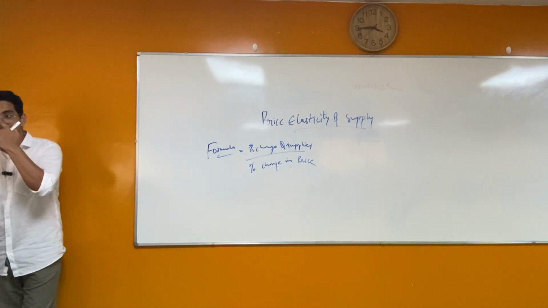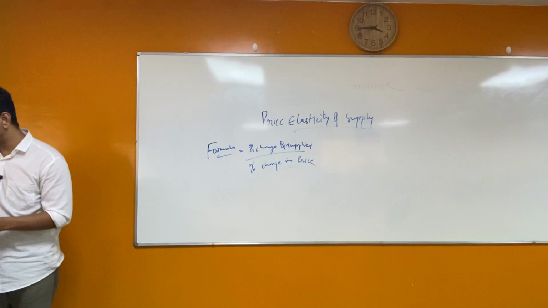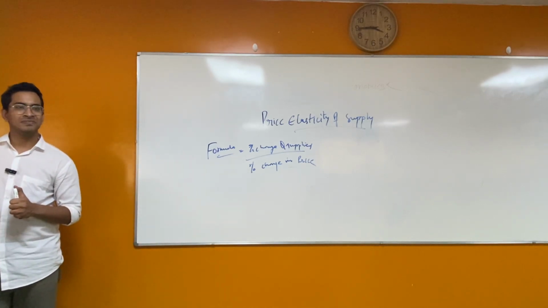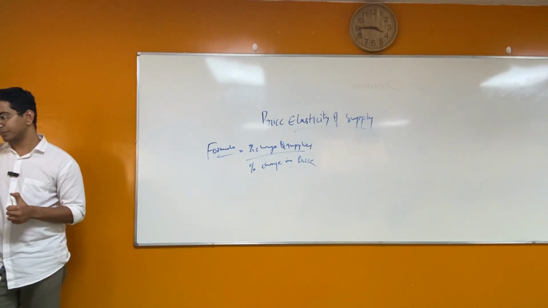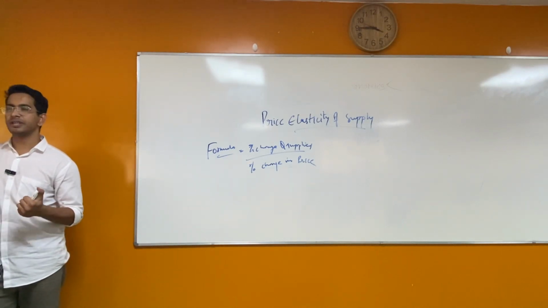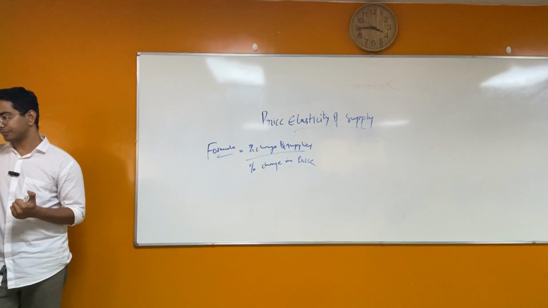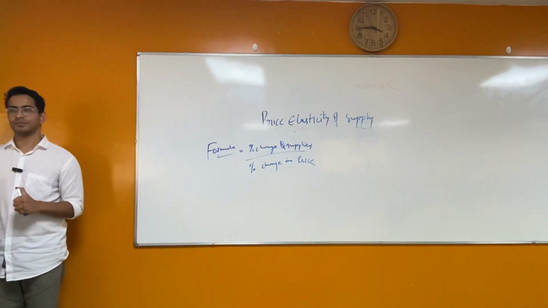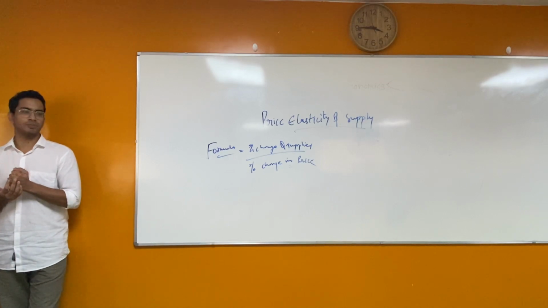Next is unitary elastic supply. Change in price is proportional to the change in supply. Examples are consumer durables. Next, perfectly elastic supply. What does this mean?